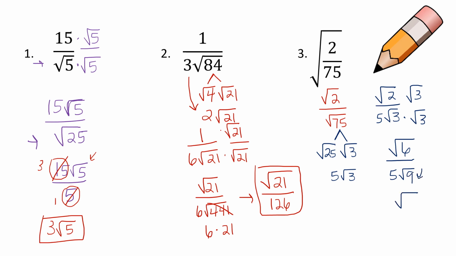So I'm going to get square root of 6 over 5 times 3, which is going to turn into square root of 6 over 15. I can multiply the 5 and the 3 together because they're both outside of my denominator. There's no more simplifying because I have a number under and a number not under, so square root of 6 over 15 would be my final answer for this one.